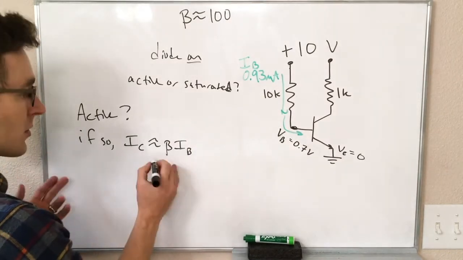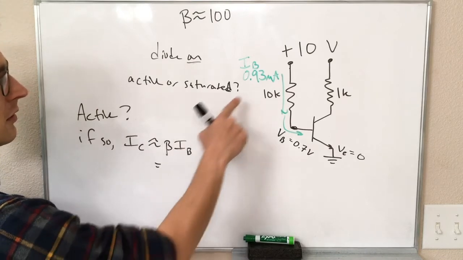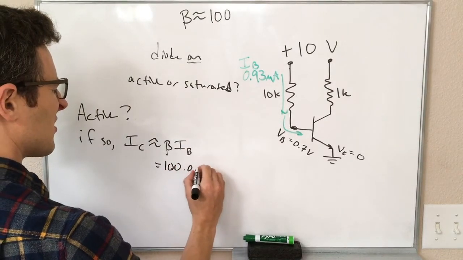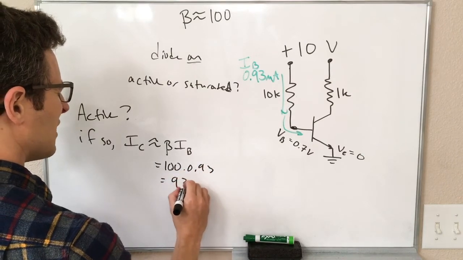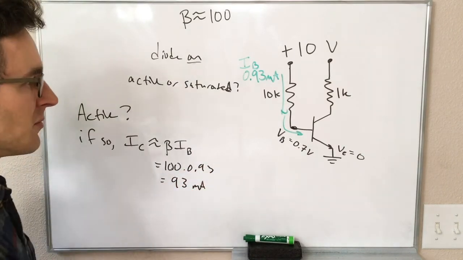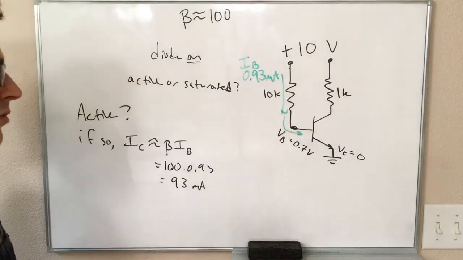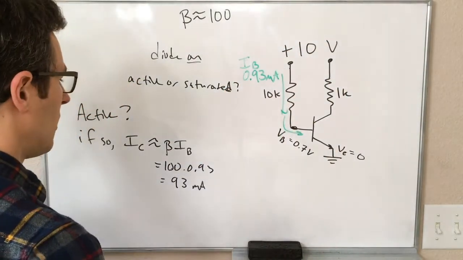That would be 100 times 0.93 milliamps, which would be 93 milliamps. Would it be possible to have 93 milliamps of current through that resistor?